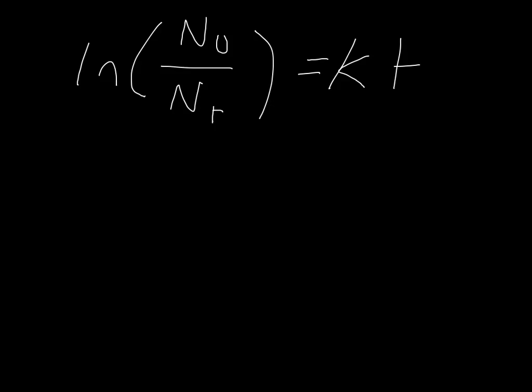Where N sub 0 is the original number of radioactive atoms, and N sub t is the amount of radioactive atoms at time t after t seconds.